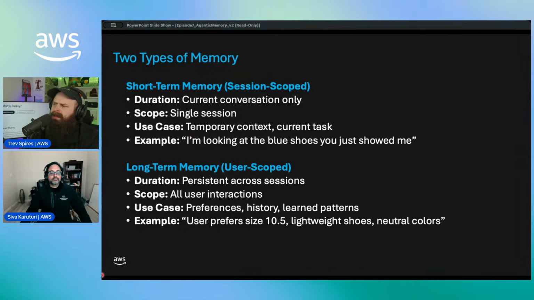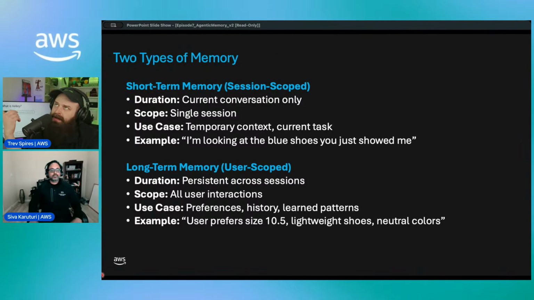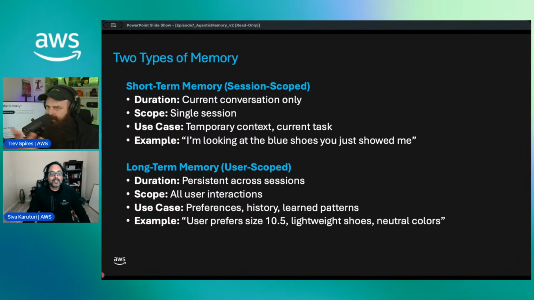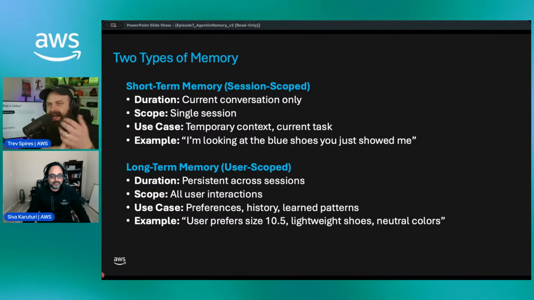And one great thing, I bet, about building something like this on Amazon is that as a builder, you have a lot of control over what you want to remember, right? Because if you sell shoes, of course, you want to remember people's shoe size. You want to remember the styles that they like.